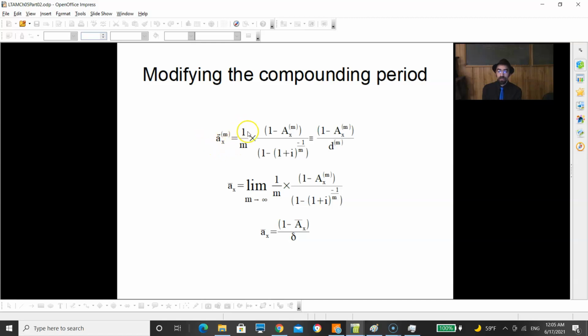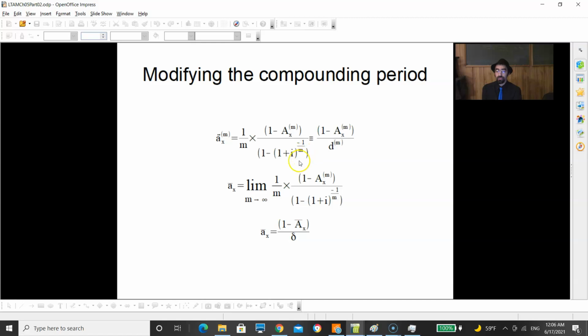So now the periodic payment is of size 1 over m. And as we do our geometric series line dance, we are not dividing by the full 1 plus i, we're dividing by 1 plus i to the 1 over m. So we can pretend that our year is only 1/mth of a year.